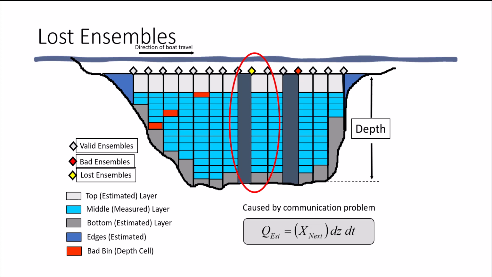When an ensemble is lost, the time for the ensemble is unknown. So Wind River assumes that the next good ensemble had a longer duration. dt becomes larger because it is computed as the time difference between the last and current ensembles. Therefore, the discharge for lost ensembles is computed backward from the next good ensemble.